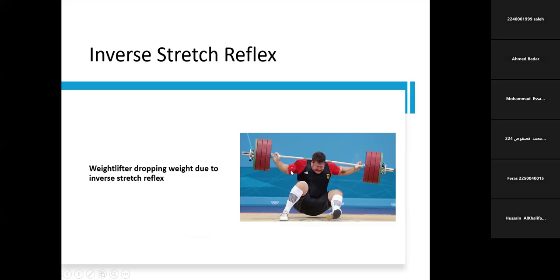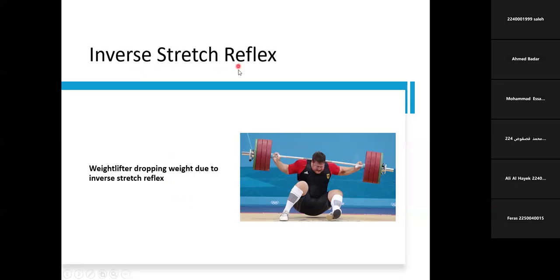Strange. Just 3 or 4 days back, a weightlifter lady in India died because of this. The weight she was lifting fell on her neck and her neck broke, because the muscle reflex was trying to protect the muscle and the weight was more and she could not balance herself. See, this weight is also falling on his neck and he is in pain.